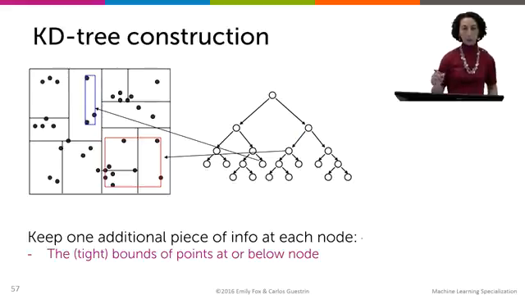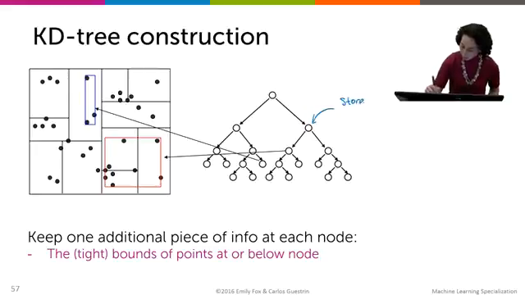So we're going to keep one extra piece of information that's going to be very helpful when we do our nearest neighbor search. So just to be clear, at any given node in the tree, we're going to store the following information. First, we're going to store which dimension we split on. We're also going to store the split value.